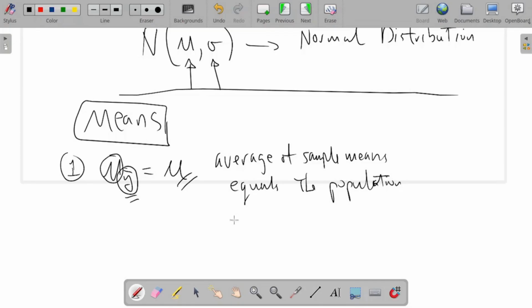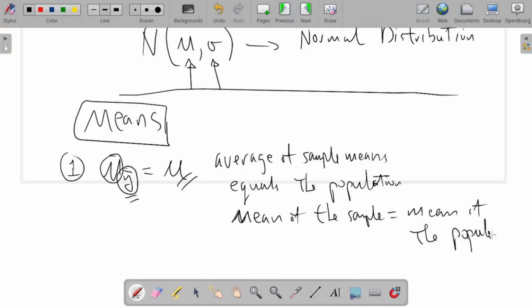So why don't we say simply that the mean of the sample equals the mean of the population. So for example, if I said to you that y bar is 25 kilograms, what do you expect the population mean to be? Well, you would say, it's probably 25 kilograms. That's just what this tells you.